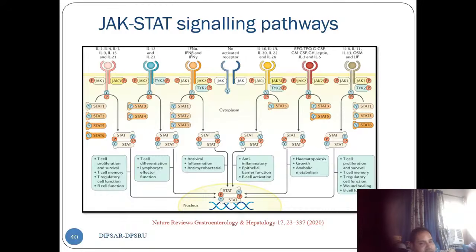You can't say this is a good target for all types of disease. No, it depends upon the disease as well, it depends upon disease progression as well. So unless you understand that, you can't identify the targets, because identification of a target is a huge task. I am talking about novel targets. By doing all these analyses, you have to identify some new targets which are not explored yet.